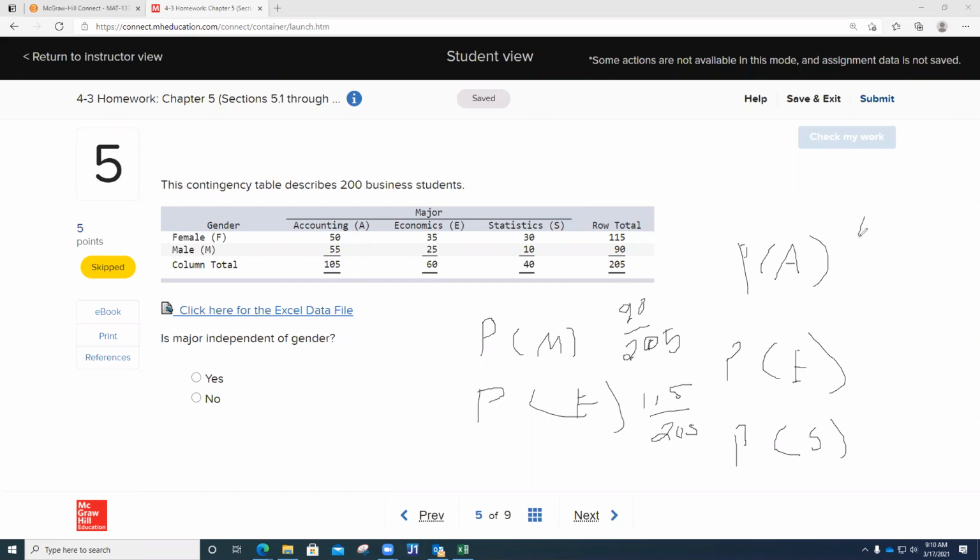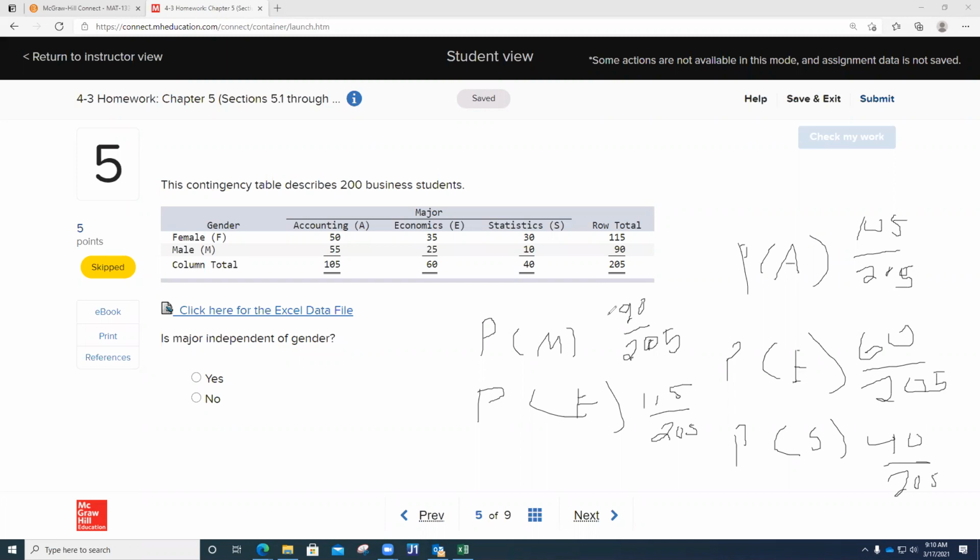Accountant is 105 over 205. Economics is 60 over 205. I'm not simplifying because I want you to see where the numbers are coming from. Probability of statistics is 40 over 205. So now we have all our events.